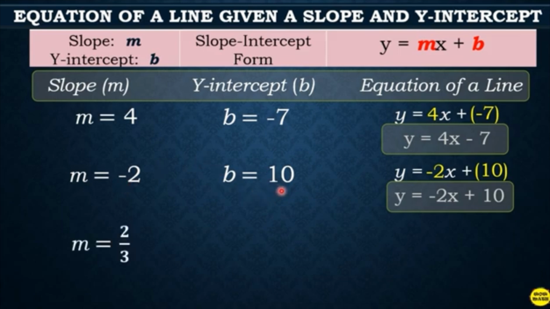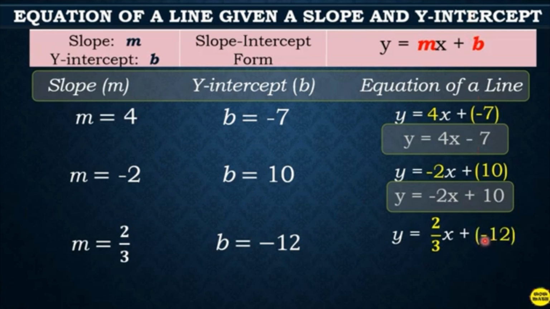Next, what if your slope is a fraction, which is 2/3, and then your y-intercept is negative 12? So, let's copy the slope-intercept form. So, y equals blank x plus blank. So, your m is 2/3. And then your y-intercept, which is your b, ito siya, your y-intercept is negative 12. Okay, since meron tayong negative dito, what will happen?